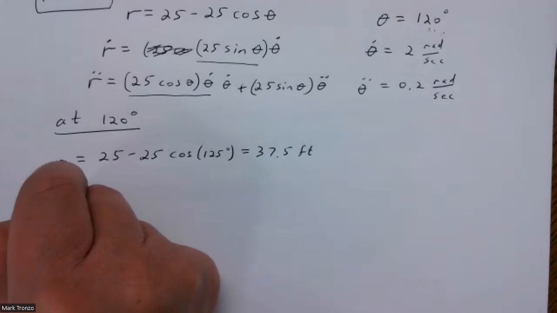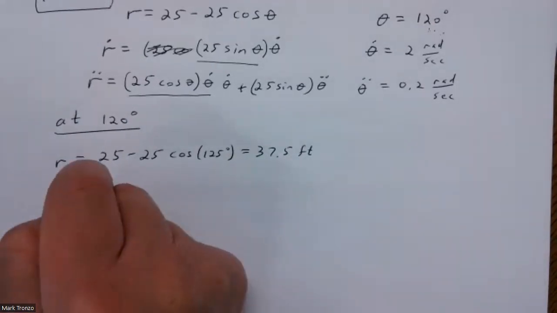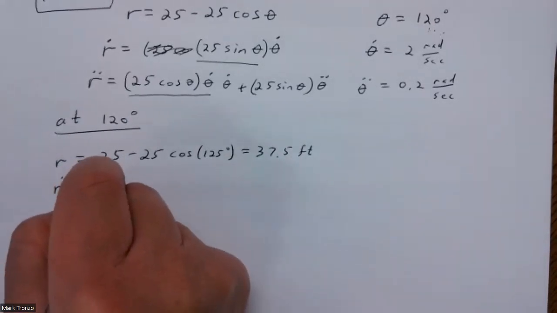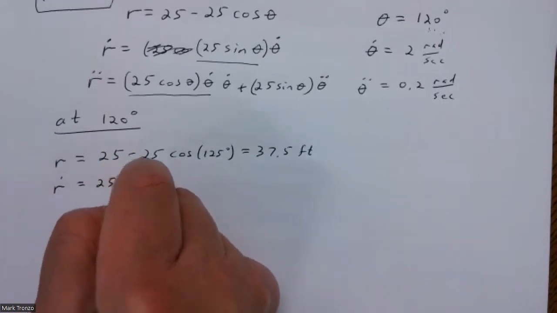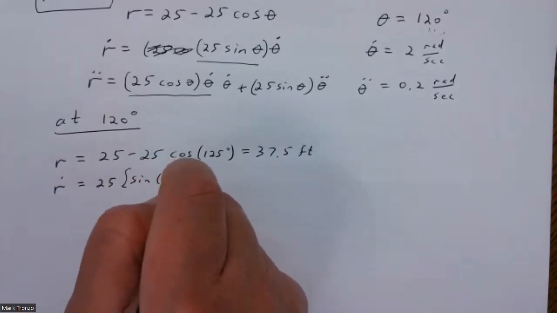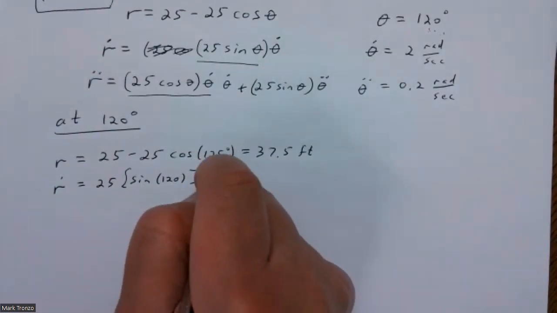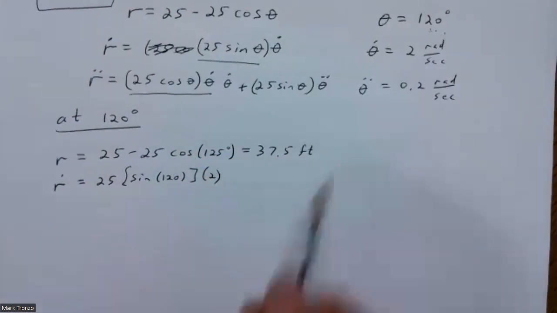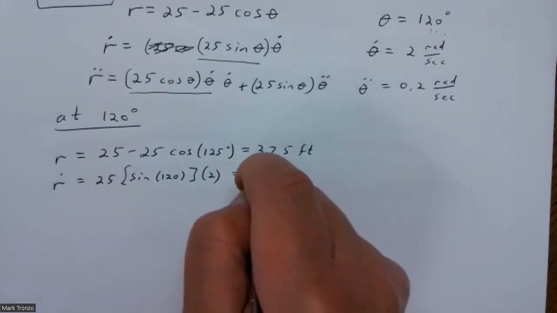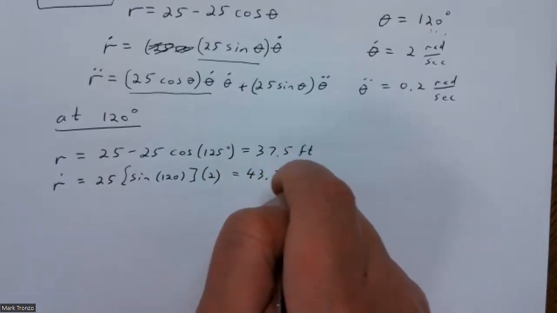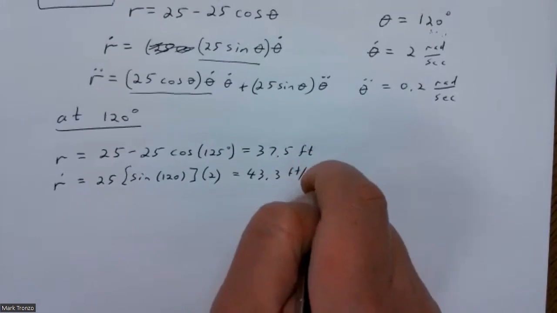And R dot is going to be 25 sine 120 degrees, and then theta dot we're given is 2. And that's going to be 43.3 feet per second.